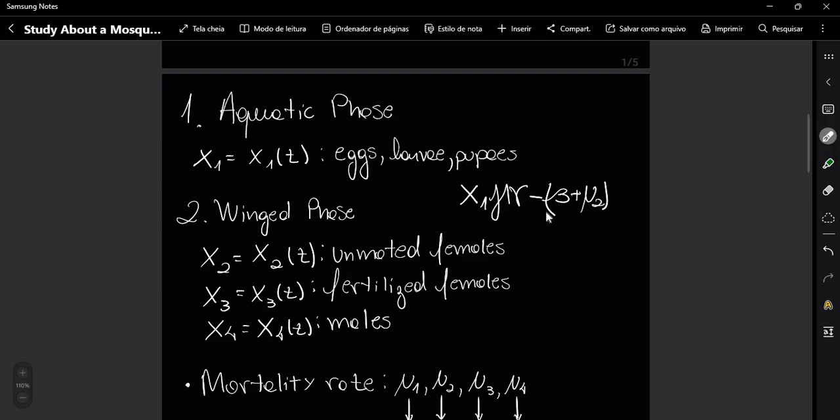Consider in all stages that some of these individuals will die, and we multiply by x2, which is the density of mosquito population, which is mated females. And we are representing this density of mated females as the equation x2 dot.